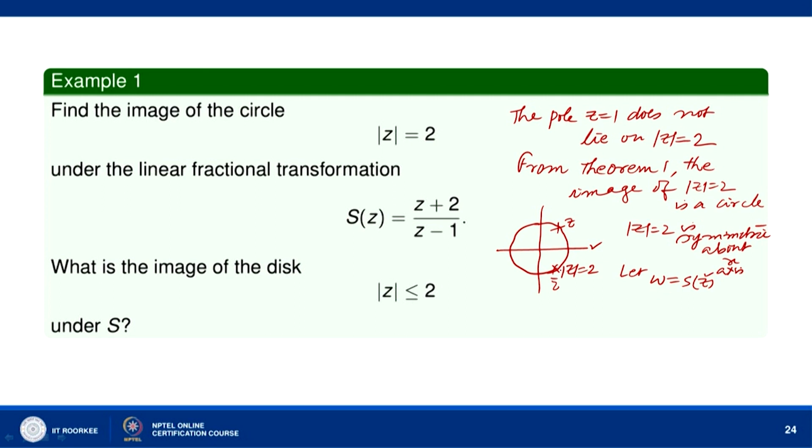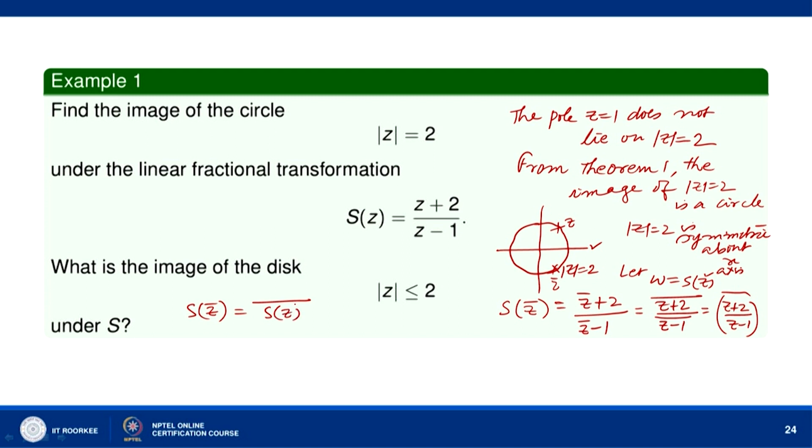Then let us see where this z conjugate goes. S of z conjugate is (z conjugate + 2) divided by (z conjugate − 1), and this I can write as the conjugate of (z + 2) divided by the conjugate of (z − 1), which is the conjugate of (z + 2)/(z − 1). And this is the conjugate of S(z). So, S(z conjugate) is equal to the conjugate of S(z).